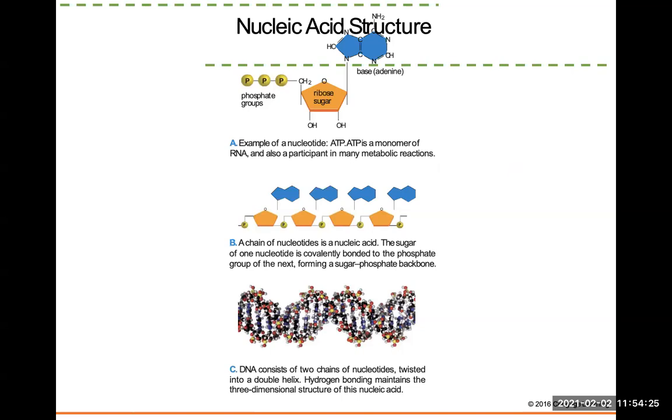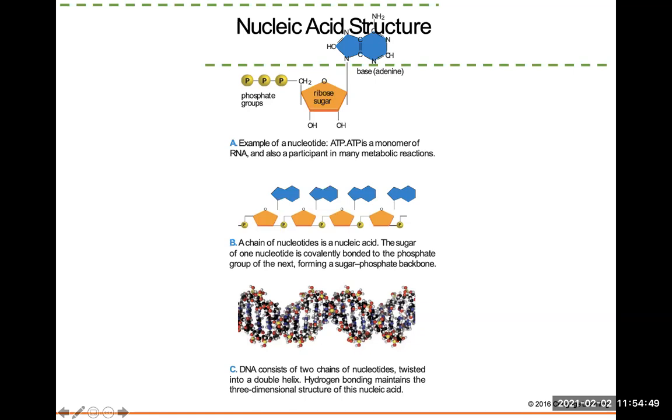Here in this photo, this is an example of a nucleotide. When you put chains of these nucleotides together, it gives you a nucleic acid. And here, this is an example of DNA, includes two chains of nucleotides. It's twisted in a double helix. I already said in today's lectures, it's kind of bringing it all together.